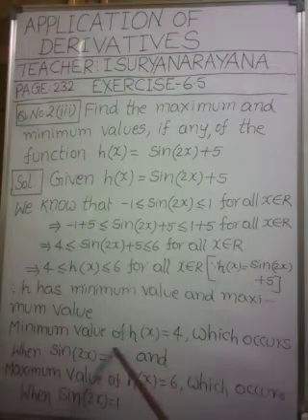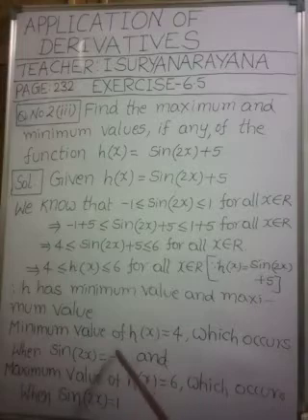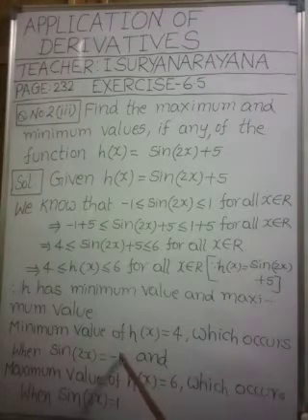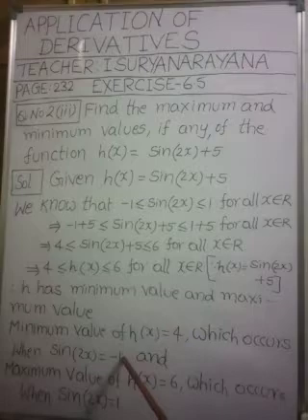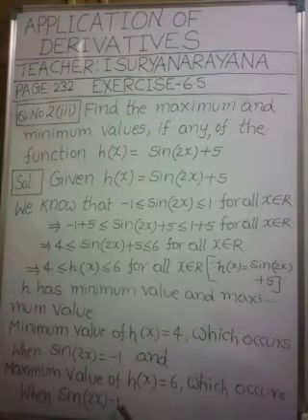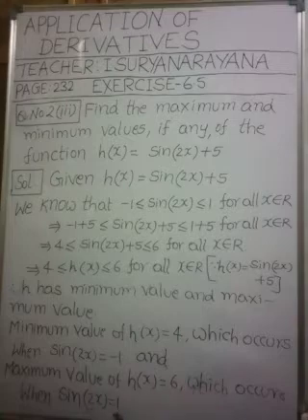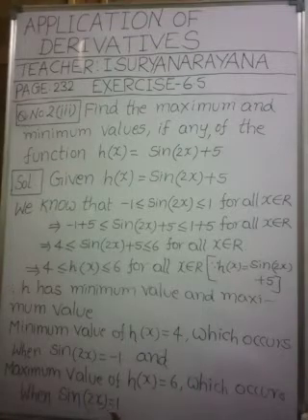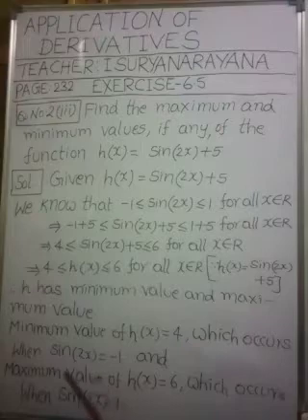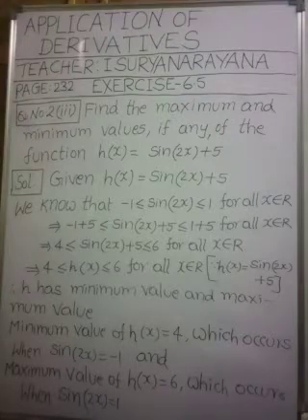These are nothing but the range of the sine x function. The least value of sine x is minus 1, and the greatest value is 1. So when sine 2x is equal to 1, then h of x has a maximum value. Understood, my dear children?